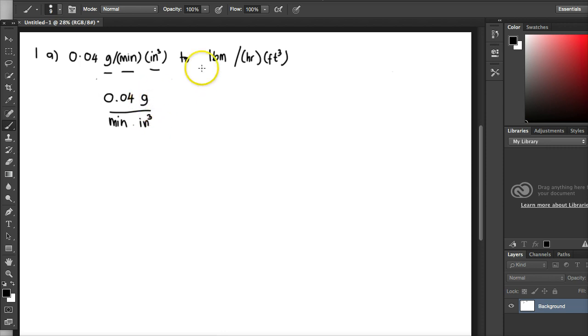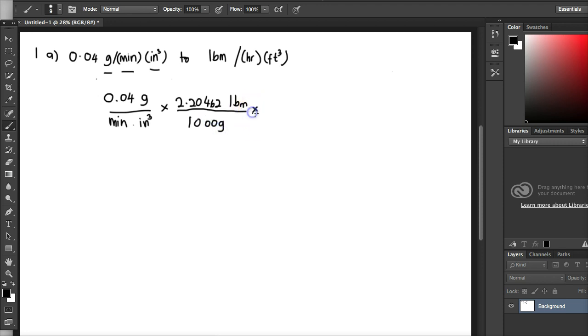To convert gram to pound, we know from the table that 2.20462 pound is equal to 1 kilogram, which is 1000 grams.